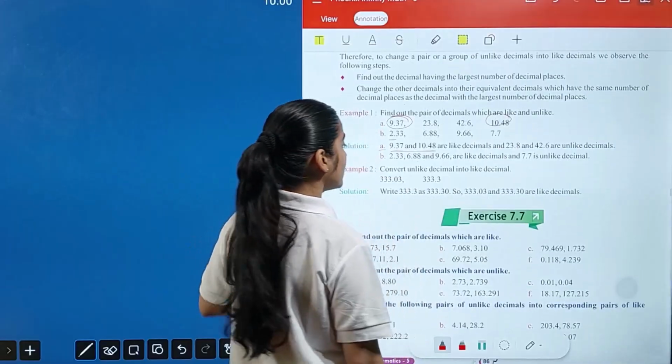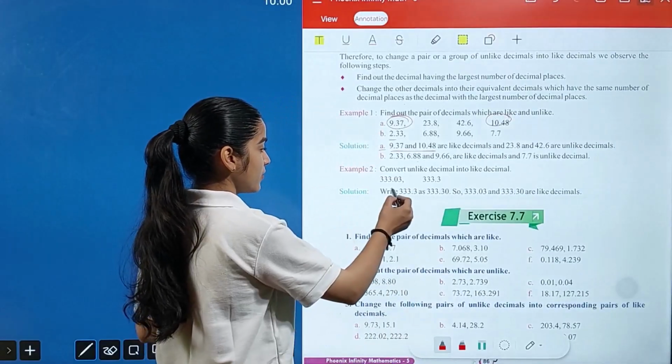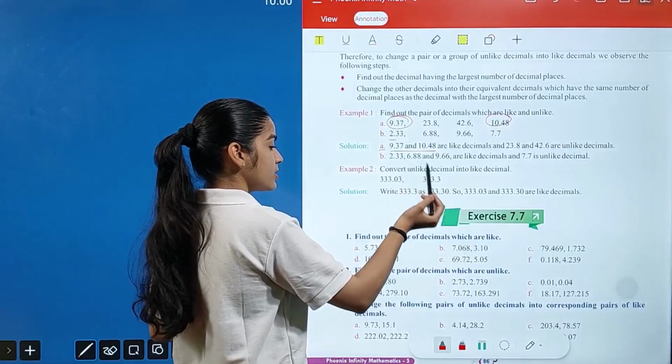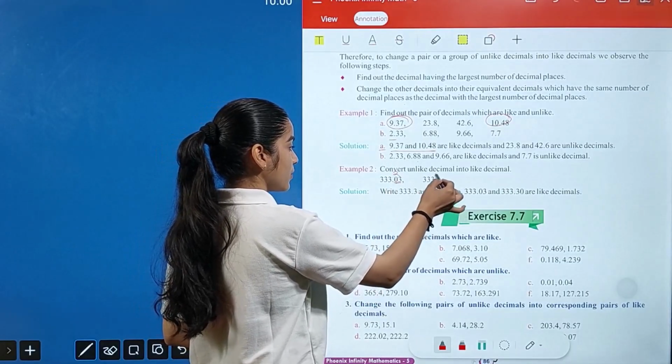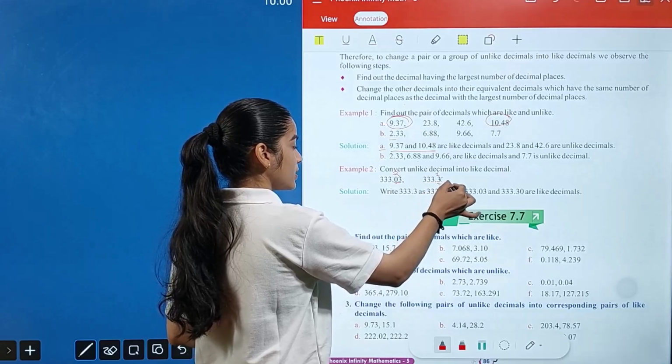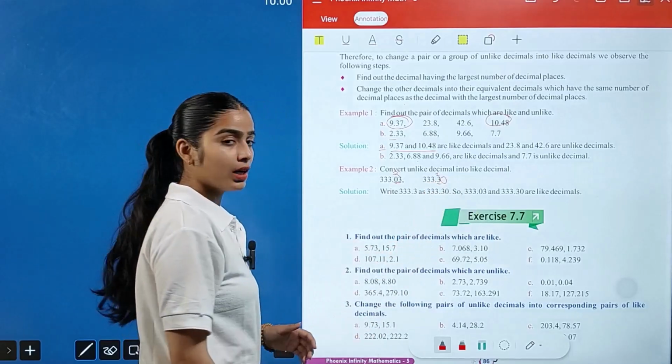Okay, convert unlike decimals into like decimals. First we have to see how many larger digits we have. In this we have 2 digits, and in this we have 1. So for this we just have to add a 0, and it will be converted into a like decimal.